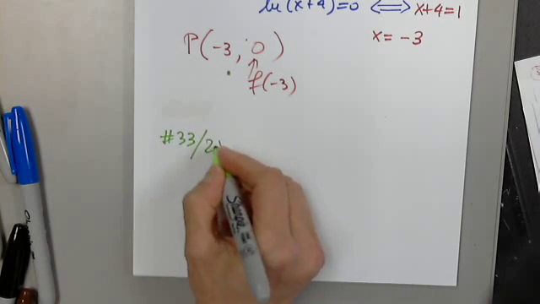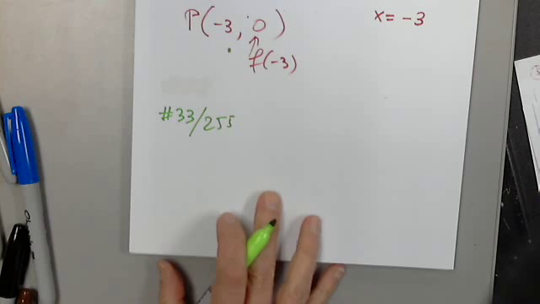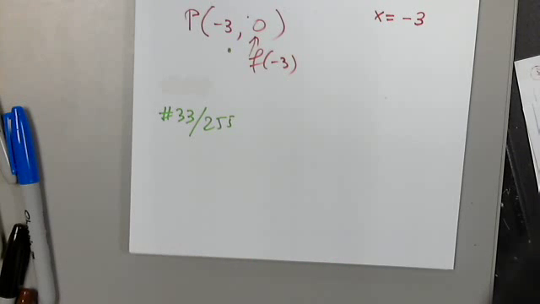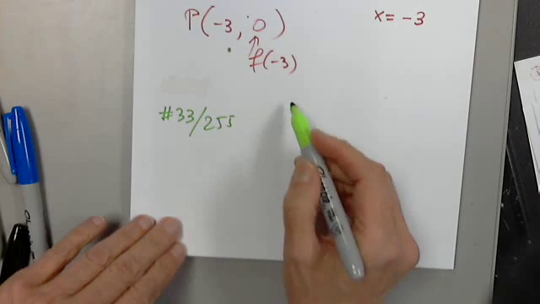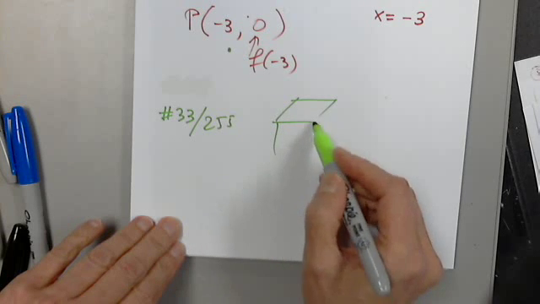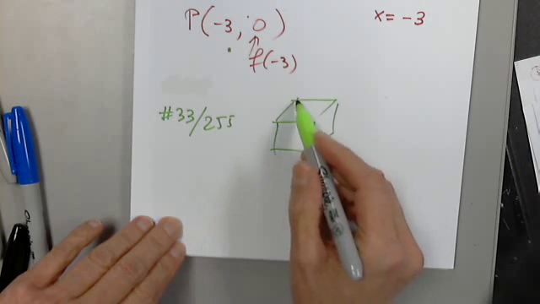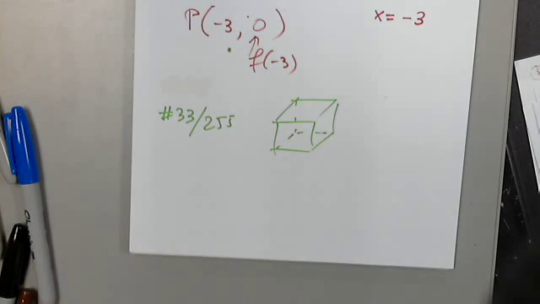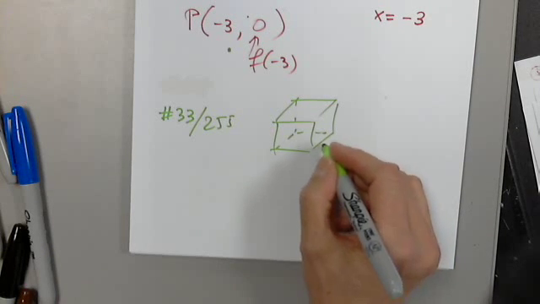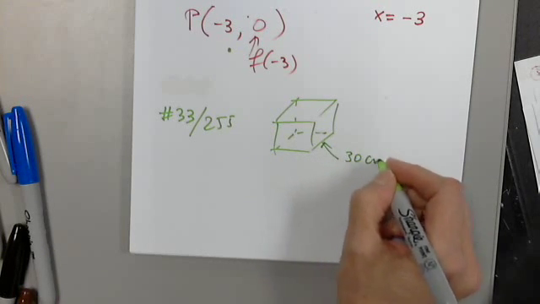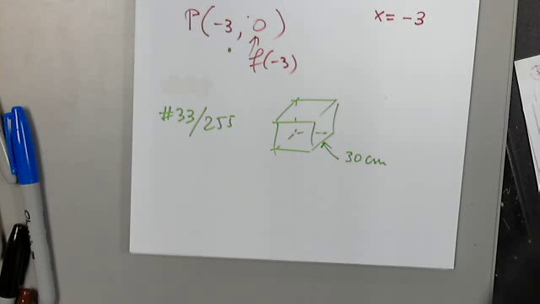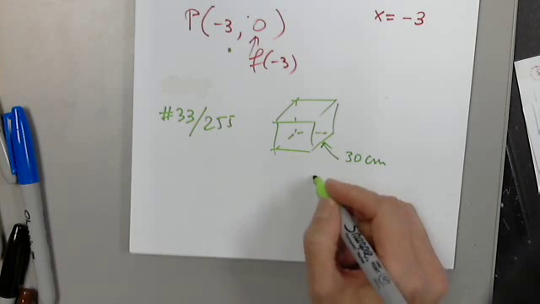So please read it and see if that's what you had in mind. The edge of a cube, so this is the cube. The edge of a cube was found to be 30 centimeters, with a possible error in measurement of 0.1.